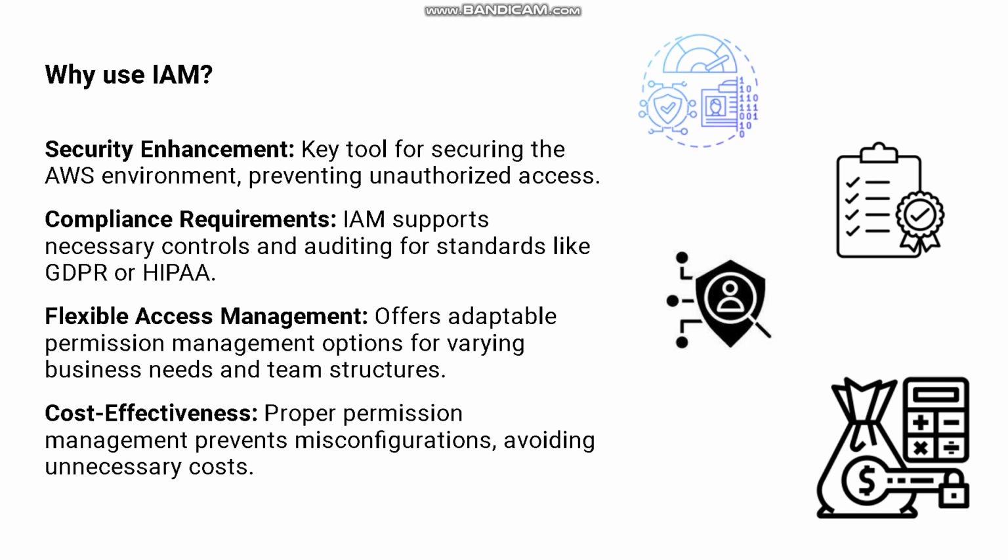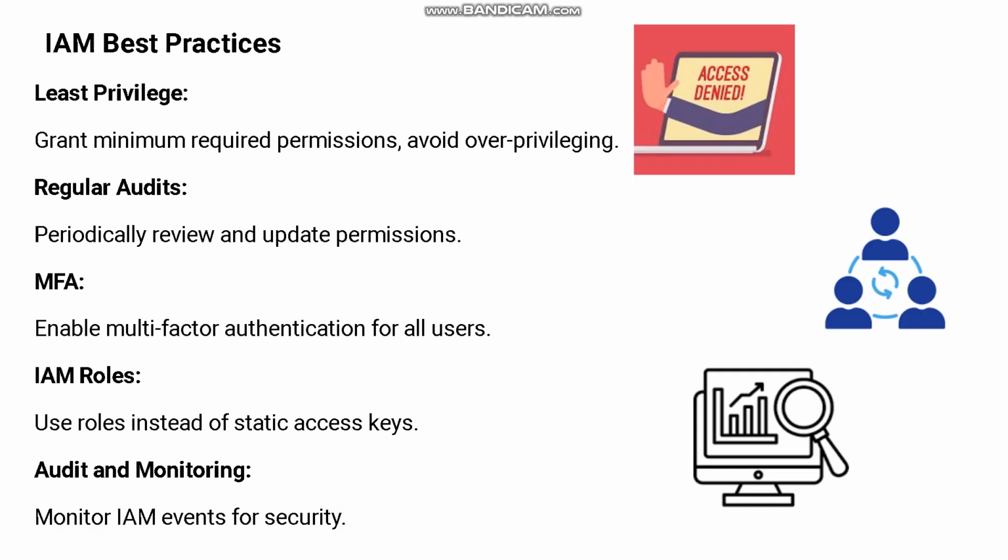It also provides flexible access management, offering adaptable permission management options for varying business needs and team structures. And lastly, it ensures cost effectiveness, because proper permission management prevents misconfigurations, avoiding unnecessary costs.